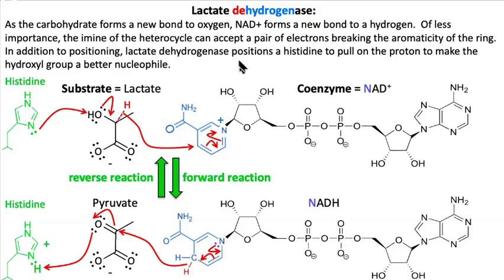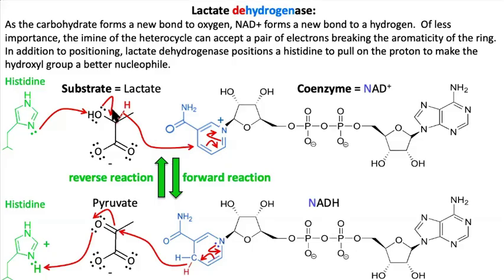It turns out, as I mentioned earlier, that since the hydride on lactate is high in energy and the hydride on NADH is high in energy, the relative energy of lactate plus NAD+ is almost the same as the relative energy of pyruvate plus NADH, so it's almost like an isomerase.